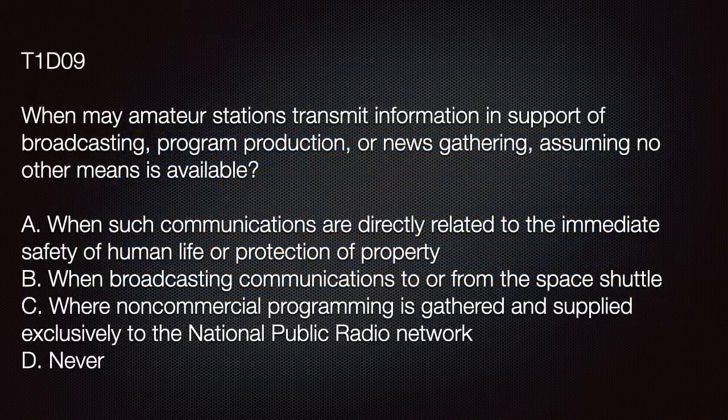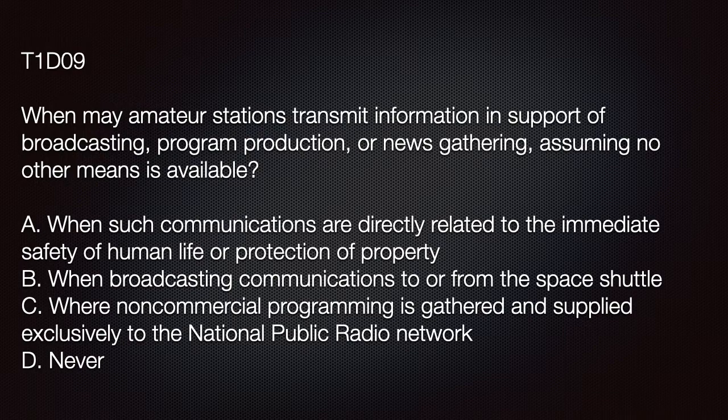Look at this question, it will be similar to this. When may amateur stations transmit information supporting broadcasting, program production, or news gathering, assuming no other means is available? A, when such communications are directly related to the immediate safety of human life and the protection of property.